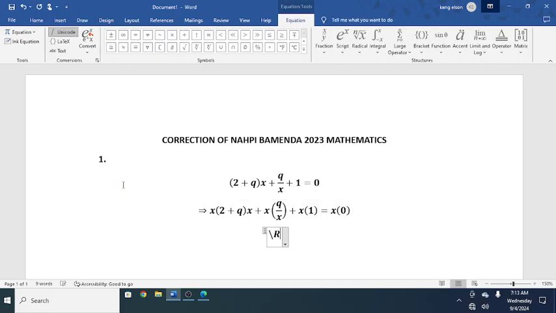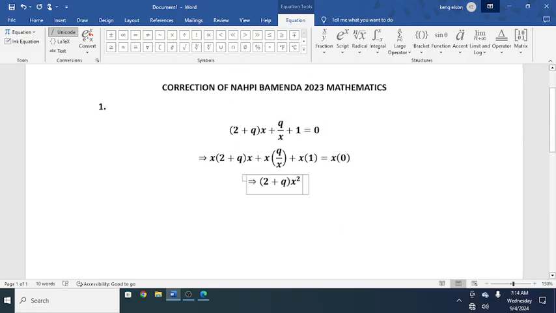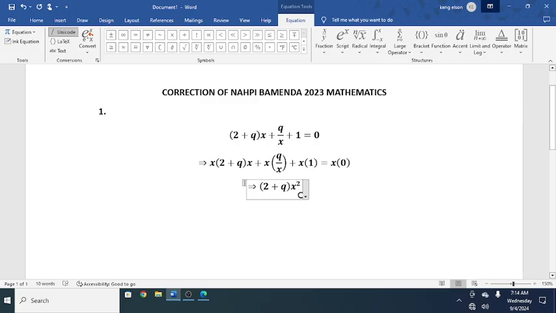Now this is a quadratic equation because you are going to have something like x squared. In fact, let me begin by writing (2 plus q)x squared plus q, then plus x. So I'm going to write this as (2 plus q)x squared plus x plus q equal to 0.